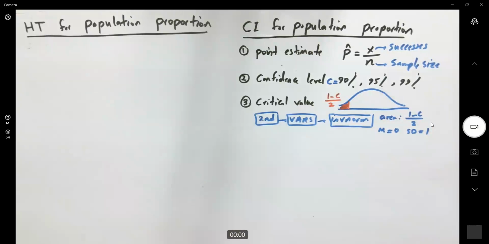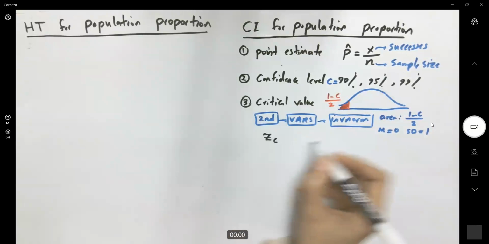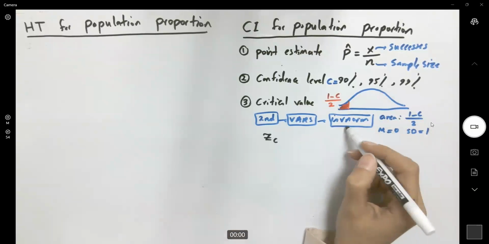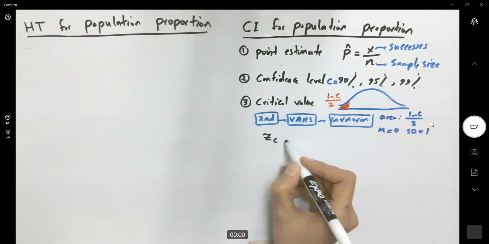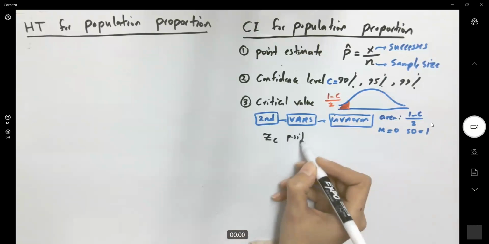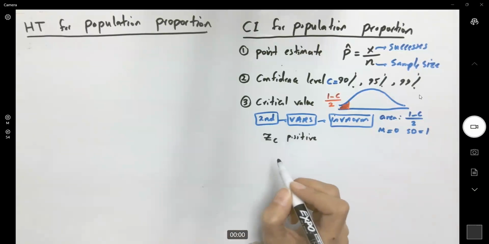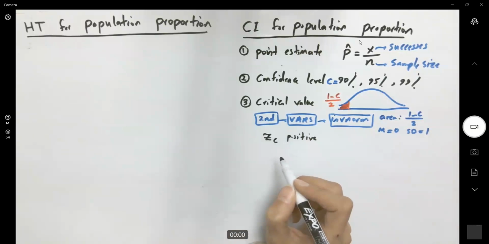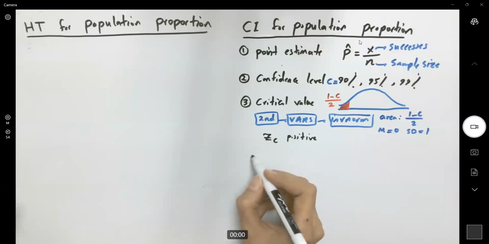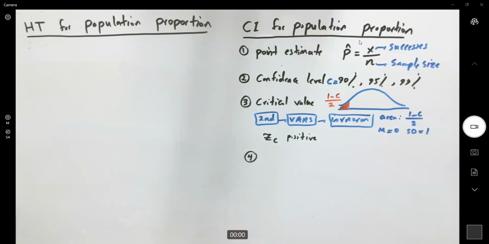After finding the critical value, Zc is going to be the absolute value of the inverse norm that you're finding. It must be a positive number. Very good. After finding this positive number, the critical value, you move on to the next step.